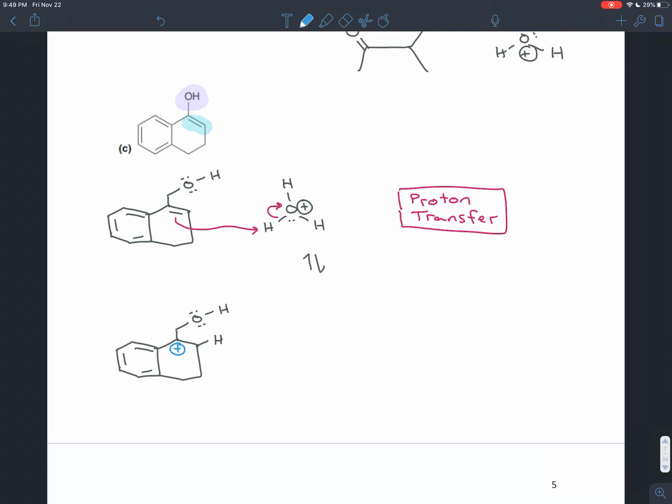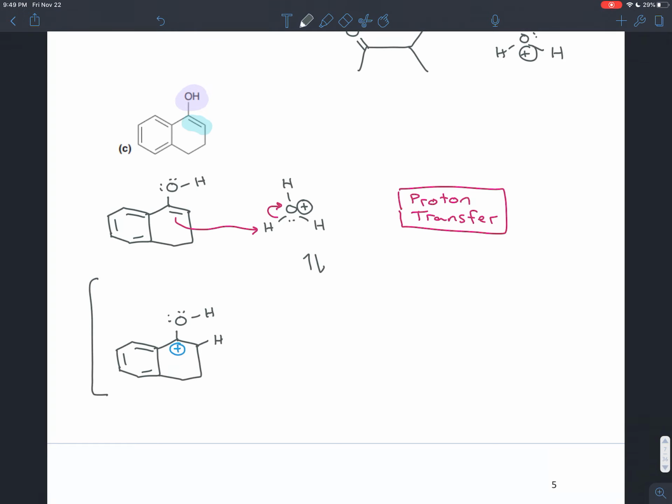Now, here I just have this slightly misdrawn, sorry about that. So there's this oxygen here. So once you have that, you'll notice that you have a lone pair next to a positive charge. That's one of the 5 resonance patterns.